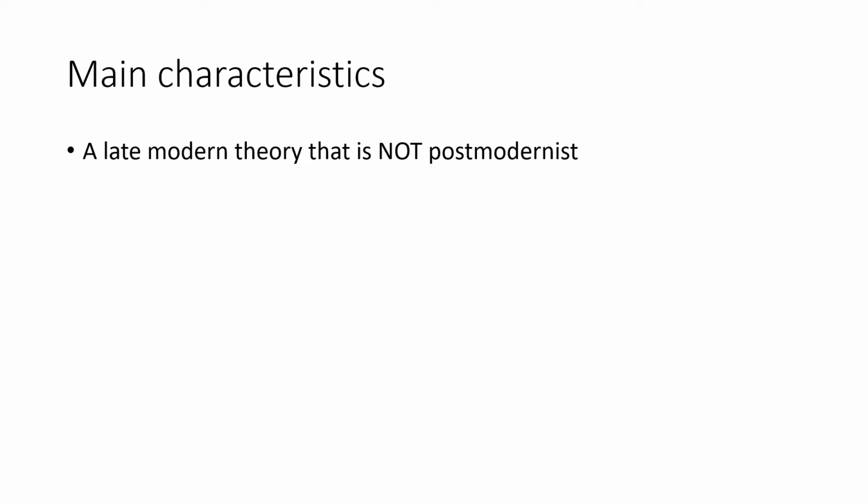Postmodernists then argue that in the 1980s, everything changed, and now we're in a postmodern era, completely different, because everything has changed so much. But there are also late modern theories that argue that didn't happen, that there have been some changes, but it hasn't changed that much.